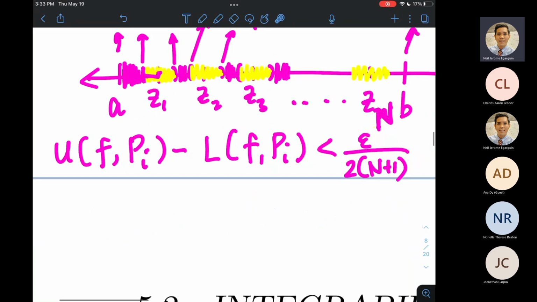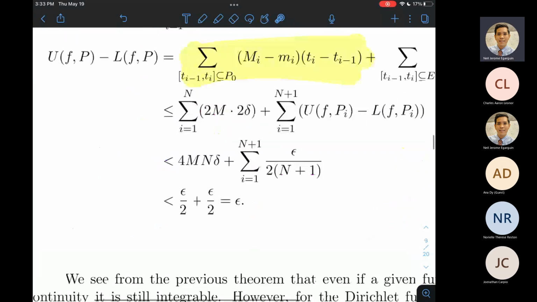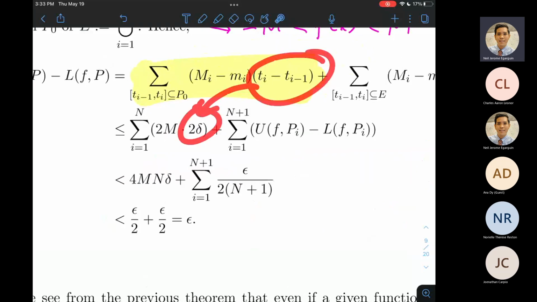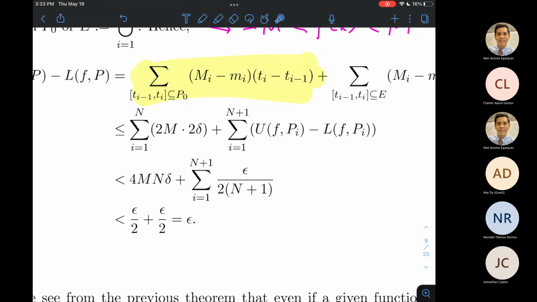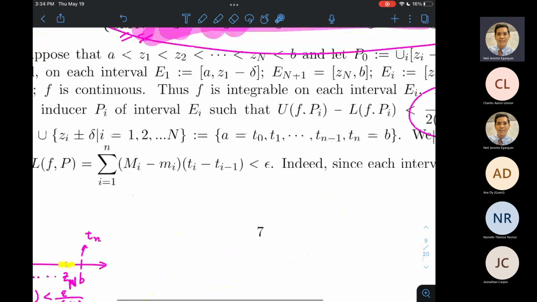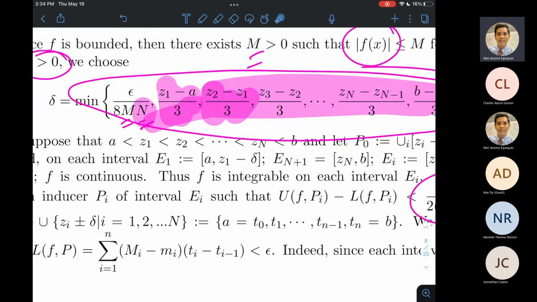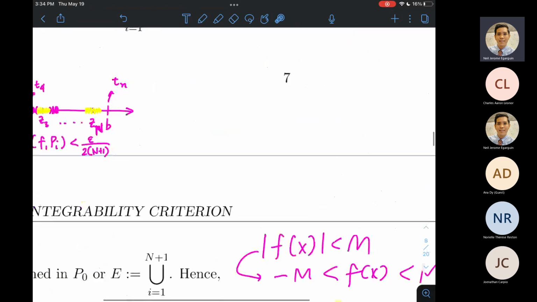So ang total niya ay 2 delta. 2 delta ang haba ng bawat isang yellow interval. So this guy is exactly 2 delta. Okay? So tapos, anong alam natin? So 2M, bababa siya dito, magkakaroon siya ng 2M. Tapos si delta was chosen so that it is the minimum nitong mahabang expression na ito. So ibig sabihin si delta ay mas maliit kesa kay epsilon over 8Mn.